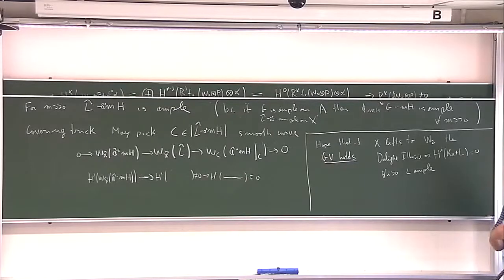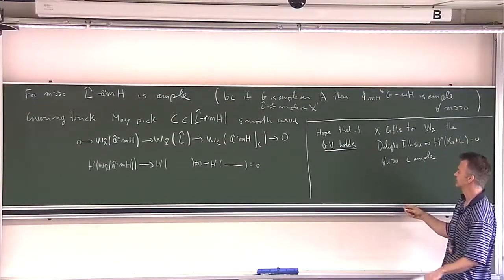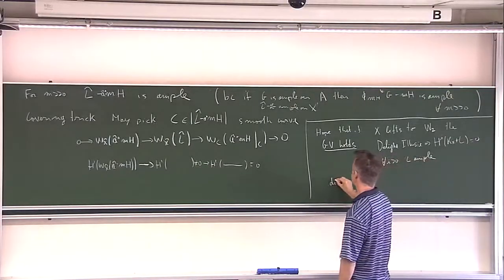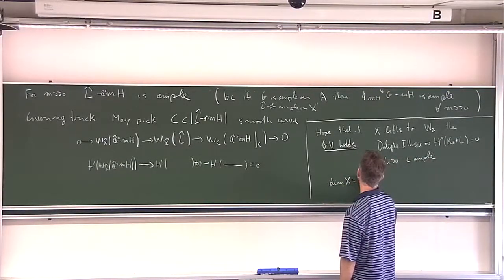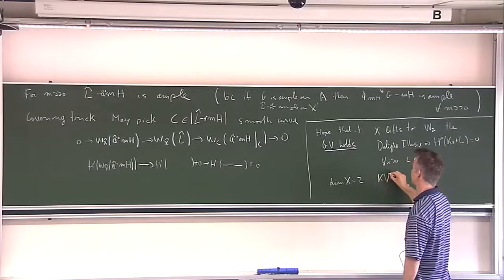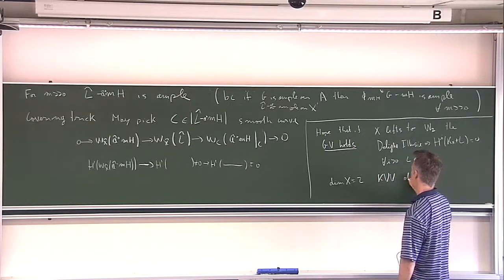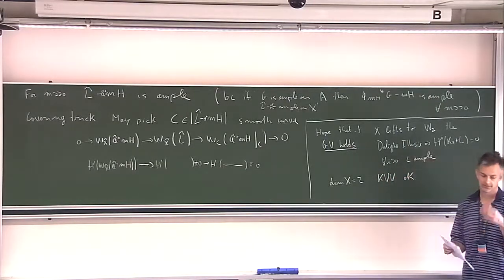So it's a good substitute for Kodaira vanishing, but even Kawamata-Viehweg vanishing is not known to hold in this context, unless you assume some stronger liftability condition, except for surfaces. So if the dimension of X is equal to 2, then Kawamata-Viehweg vanishing is okay. That's a particular situation.